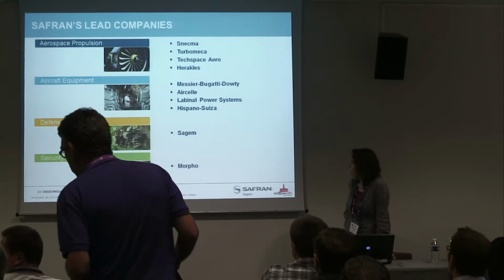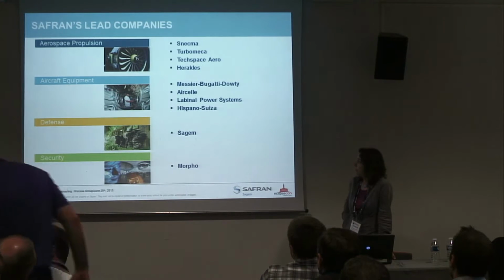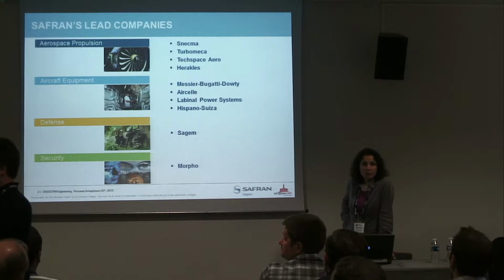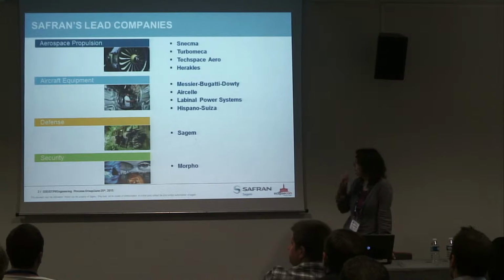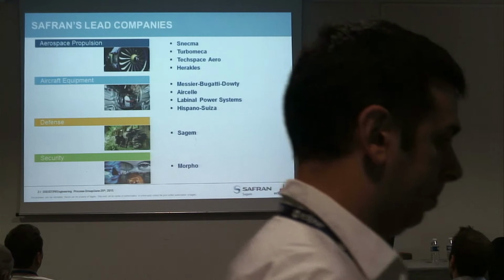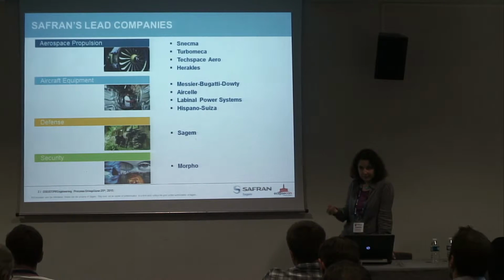It is constituted of several companies that develop complex systems, such as engines for commercial jets or for helicopters, landing gear systems, inertial navigation systems, and biometric systems. Even if these systems seem really different, they have a common point: almost all of them embed critical software. And that's the focus of the way we develop our software architecture modeling tool.